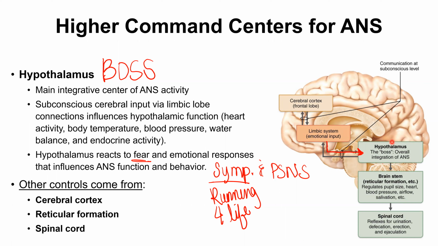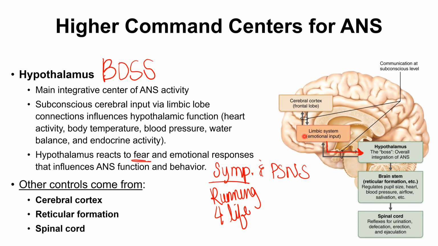And then the hypothalamus is going to take that information from the limbic system and send out information to different target effectors, modifying the activities going on in the body in order to respond to that stimulus it just received from the limbic system.